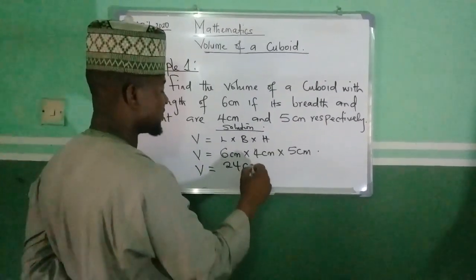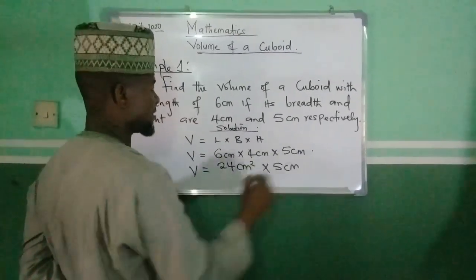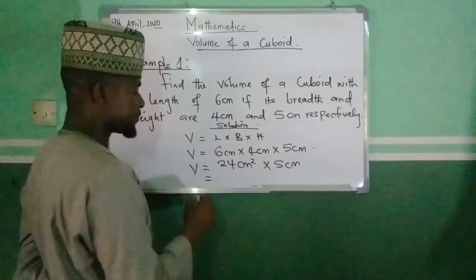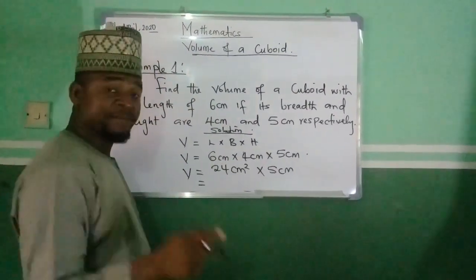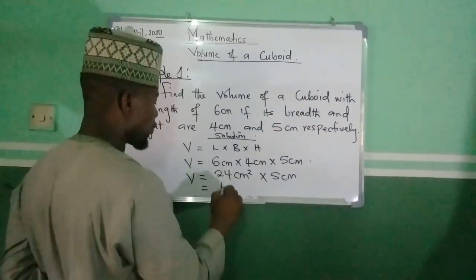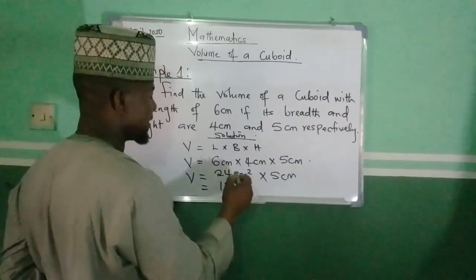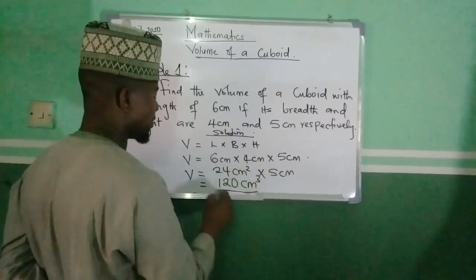Centimeter times centimeter will give me centimeters squared. All this multiplied by what? 5 centimeters, right? Now, what I'm going to get at the end of the long run is 24 multiplied by 5. If you do it in your exercise book, you realize that we are going to have 120 centimeters squared multiplied by centimeter will give me centimeters cubed.